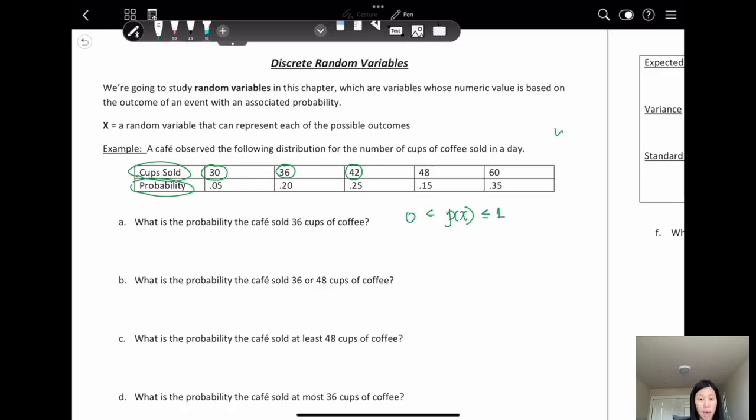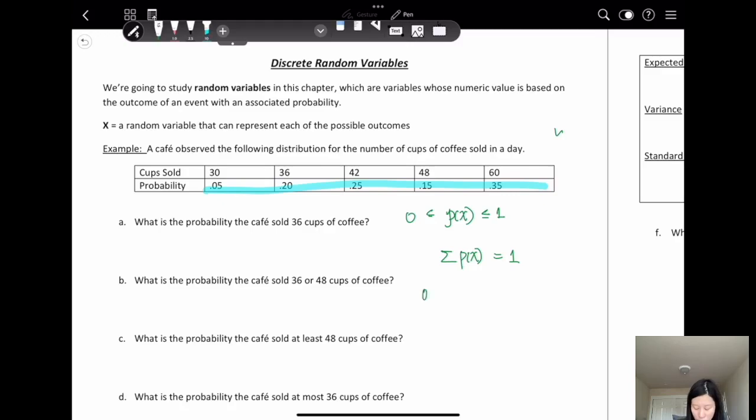As you can see, the probability of a discrete random variable should be between 0 and 1. And the sum of the probabilities, remember the sigma means the sum, should equal 1. That means if you add these numbers together, they should equal 1.